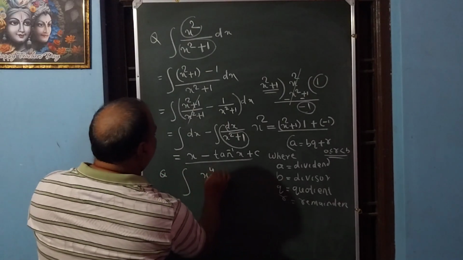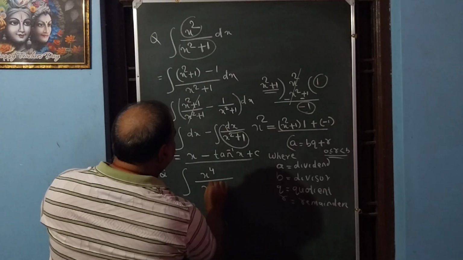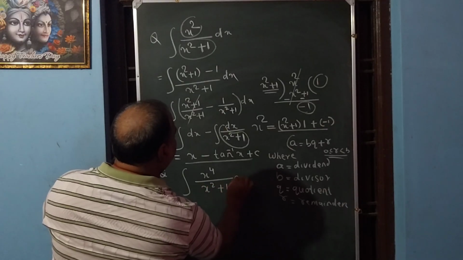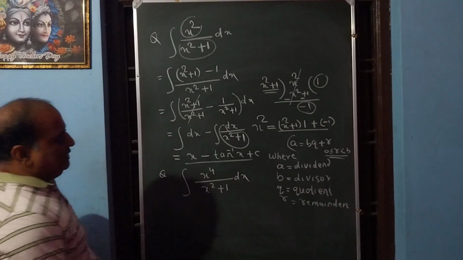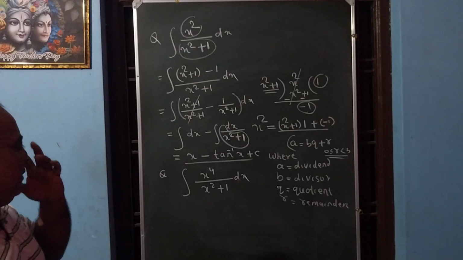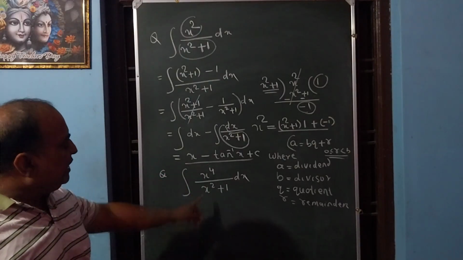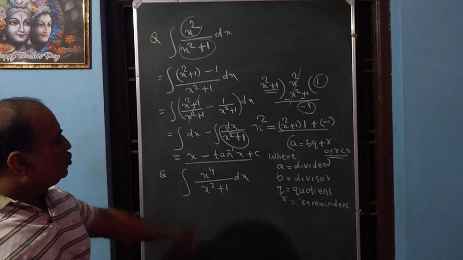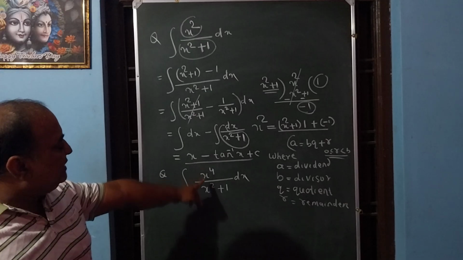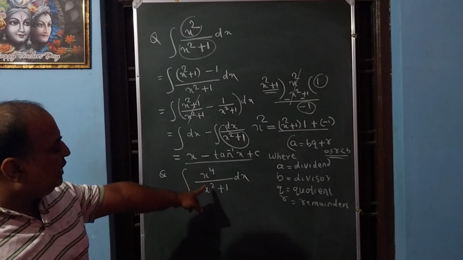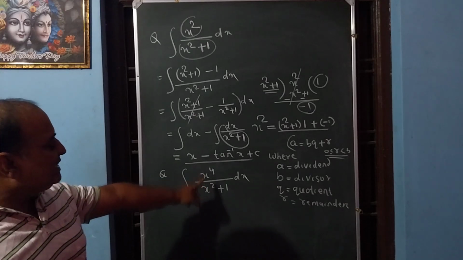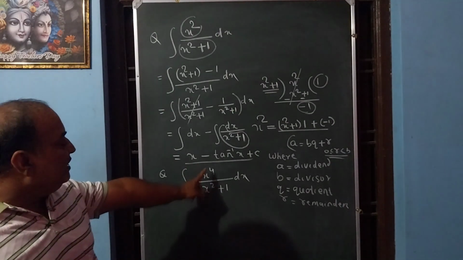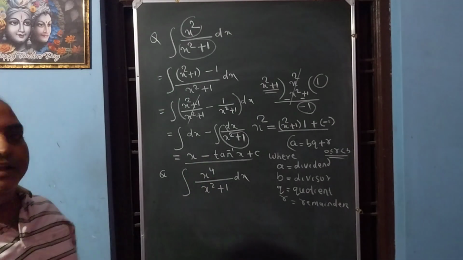Integration of x to the power 4 divided by x square plus 1, dx. You see here, the degree of the numerator is 4 and the degree of the denominator is 2. So the degree of the numerator is greater than or equal to the degree of the denominator. In this case, we have to divide the numerator by the denominator.